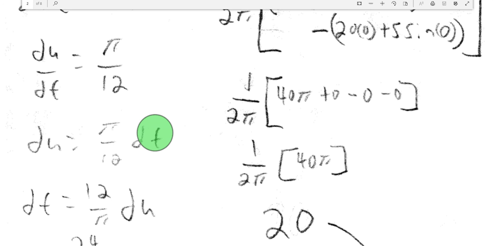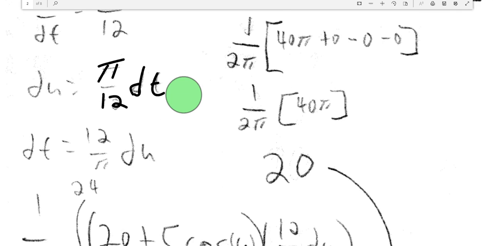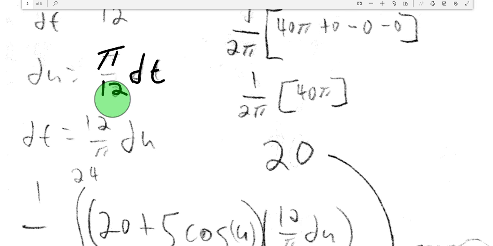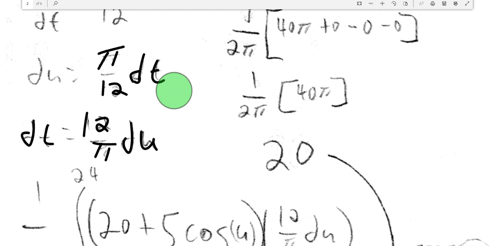It was an older lesson that I'd done, but I decided not to rewrite all of that. If I get dt by itself, I multiply by the reciprocal, and I end up with 12 over pi du is equal to dt.